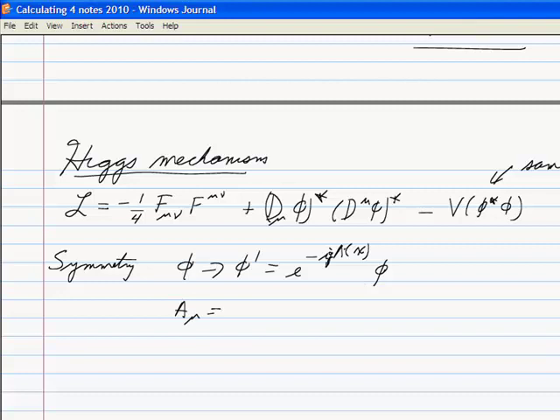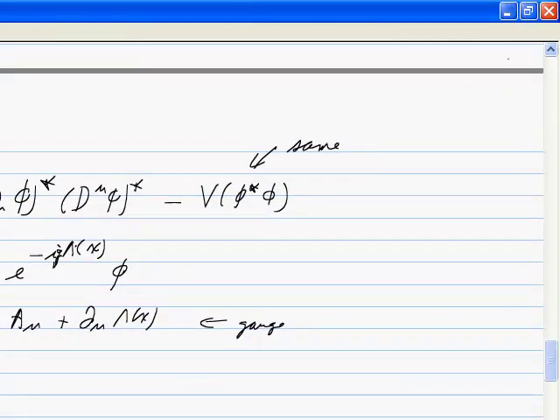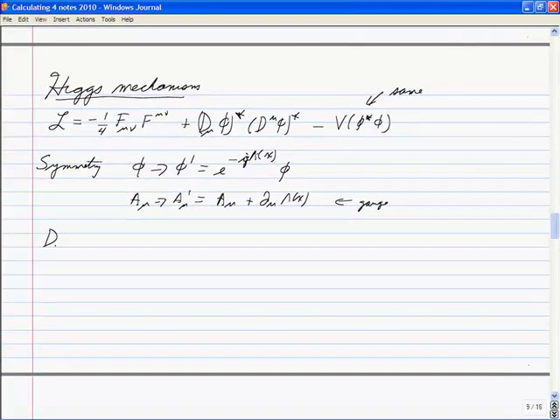And A mu goes to A mu prime is A mu plus d mu lambda. Okay. So a gauge change on the photon and a space-time dependent phase change on the scalar particle.